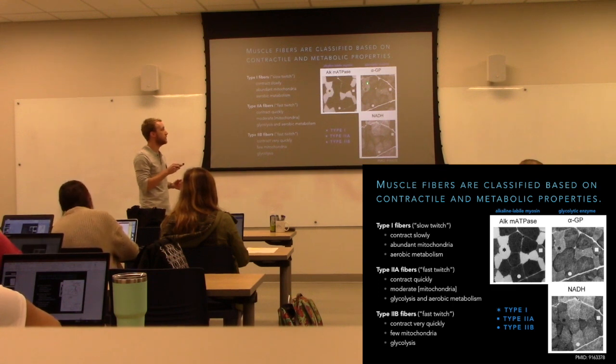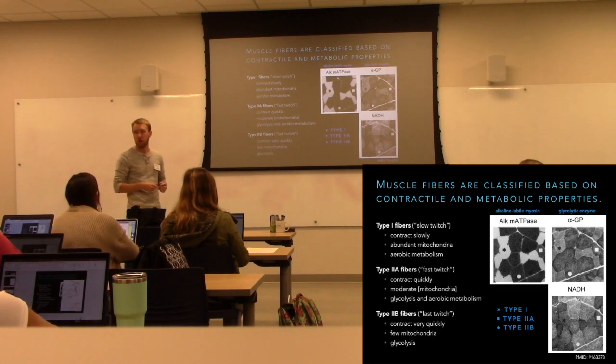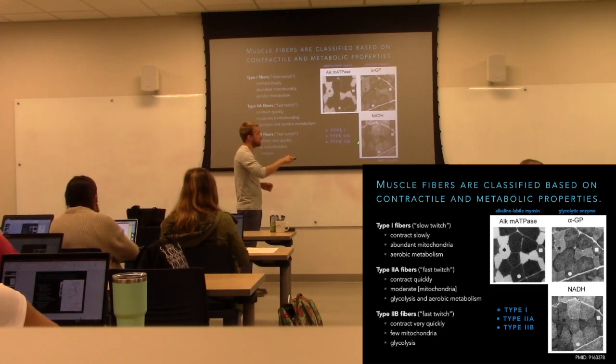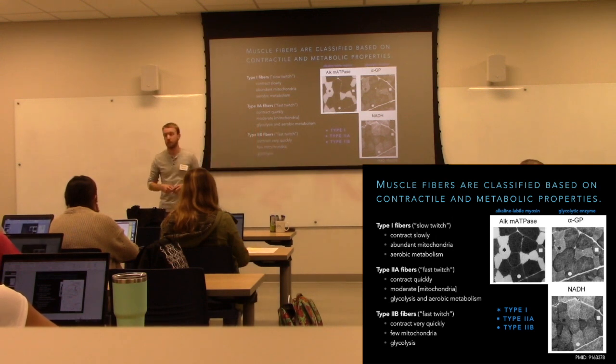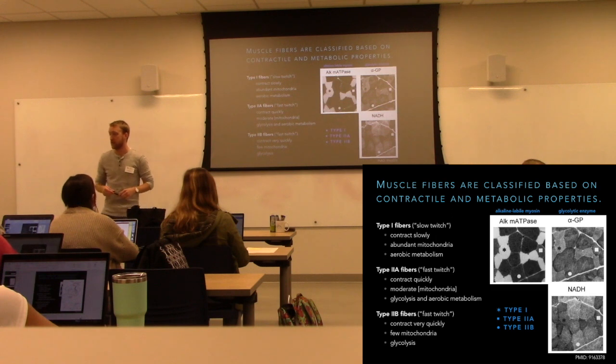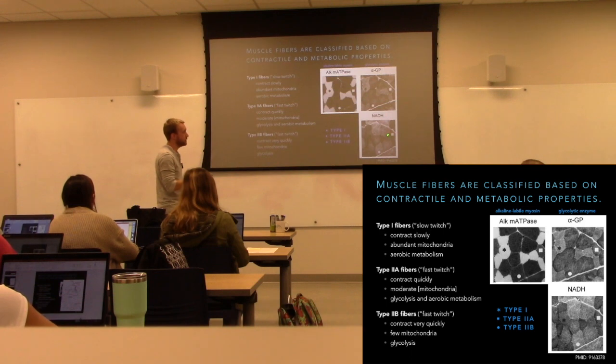Notice these are the same sets of muscle fibers, so you can see the three different types of stains that they've done. On the other hand, if we look for markers of aerobic metabolism, so one of those reducing agents that we make in the TCA cycle, NADH, the slow twitch fiber stains heavily for that, and so does the moderate fast twitch fiber that's a little less fatigable.